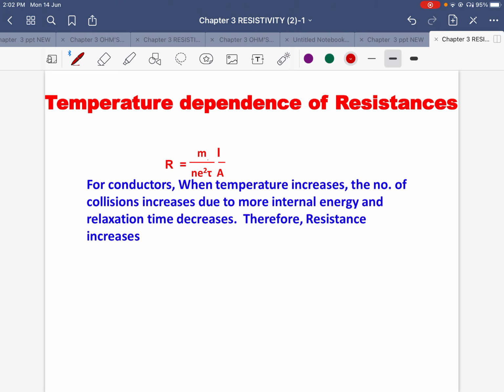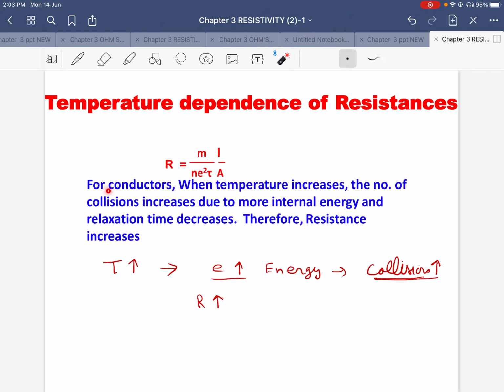If we increase the temperature, then thermal energy or internal energy of free electrons will also increase. Due to increase in energy, collision between free electrons and the atoms will also increase. Because of the increase in collisions, resistance also increases.